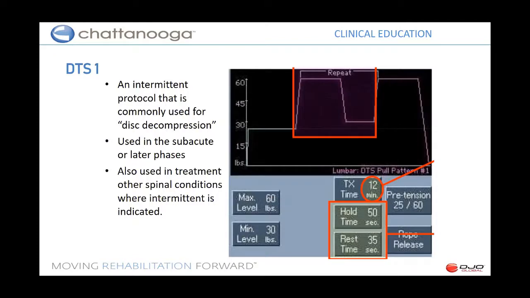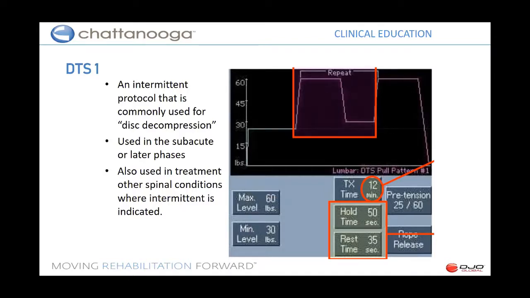This is just your classic. It was modeled after the VAX-D, so patients that typically have a disc herniation, classically, that's where they're going to fall. That's the indication. When it defaults to this, it's pretty simple, so there's not a lot of things to put in there. All you really need to put in is your max and min level.